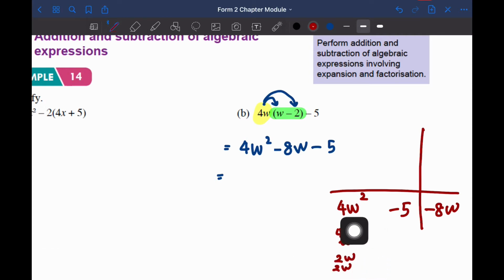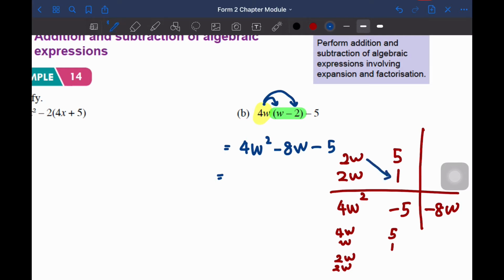Kita tengok sini, kalau 4 1 dan 2 2, macam mana kita nak jadikan dia ni? Kita cuba yang mudah dulu, 2w and 2w. Next, apa nombor yang kita darab dapat 5? So 5 1 kan?